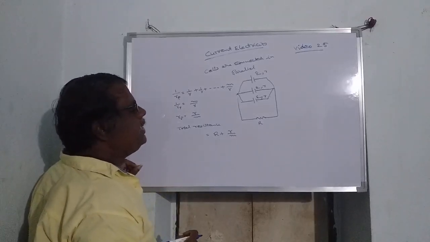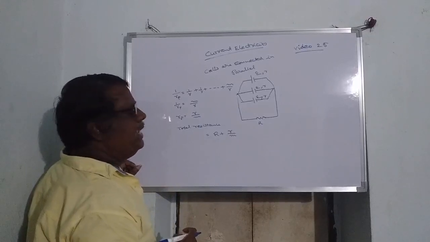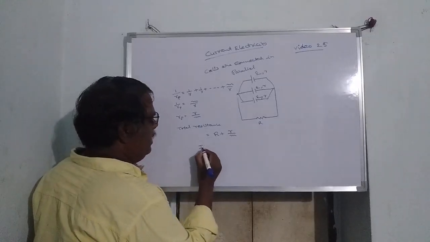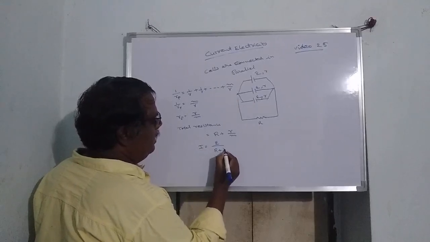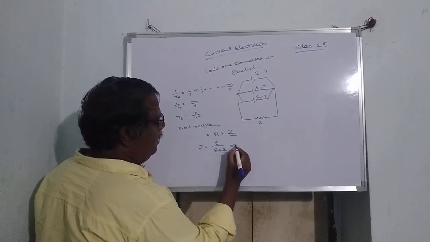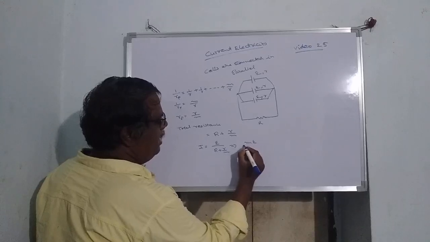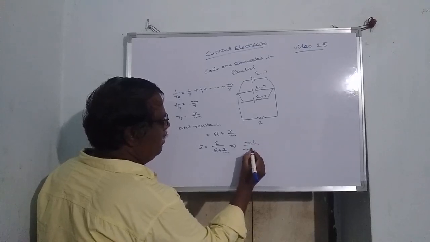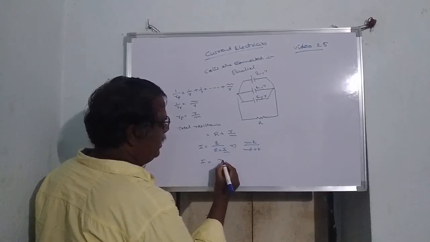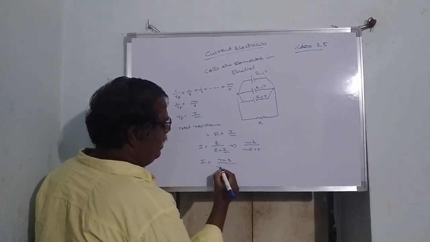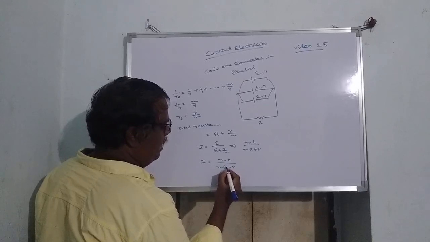Okay, in this situation what is the current? So current I is equal to E by R plus r by m. This becomes mE by mR plus r. Therefore total current in this situation is mE by mR plus r.